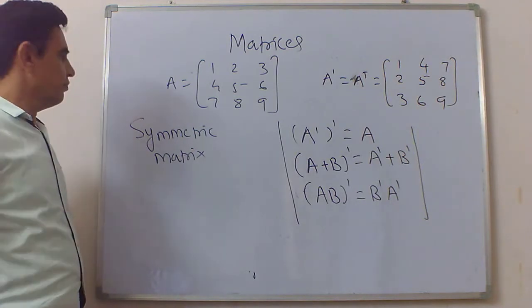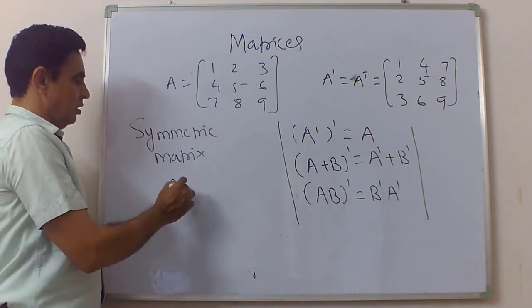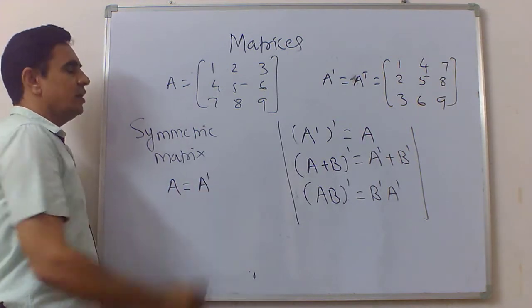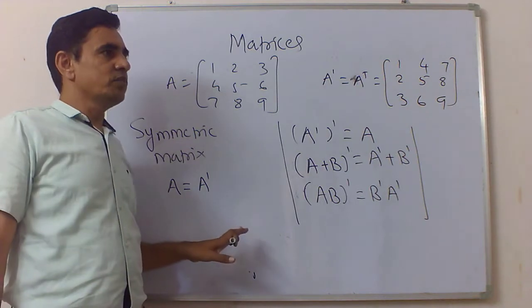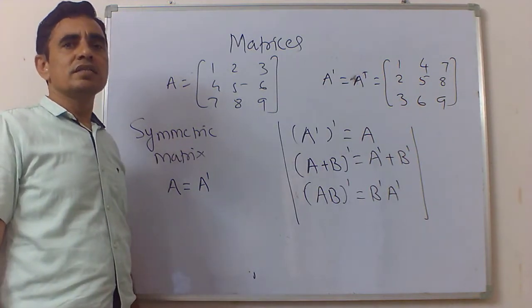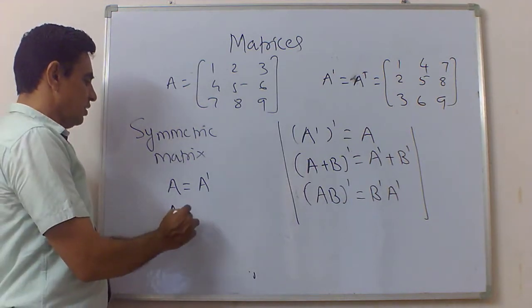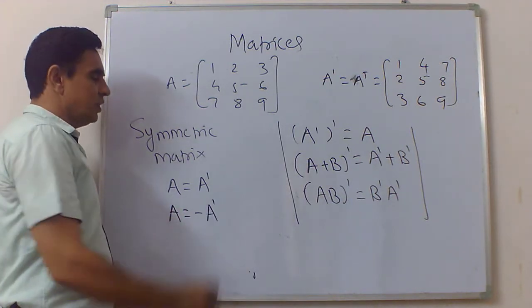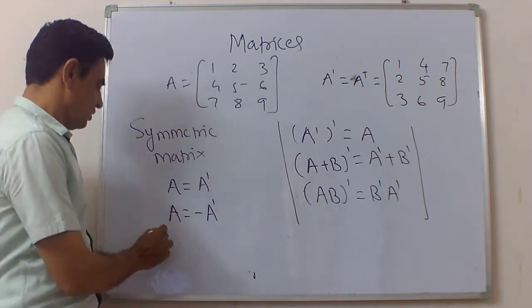Symmetric matrix means a matrix in which the matrix is equal to its transpose. If the matrix and its transpose are the same, then that is called a symmetric matrix. If the matrix is equal to the negative of its transpose, that is called a skew symmetric matrix.